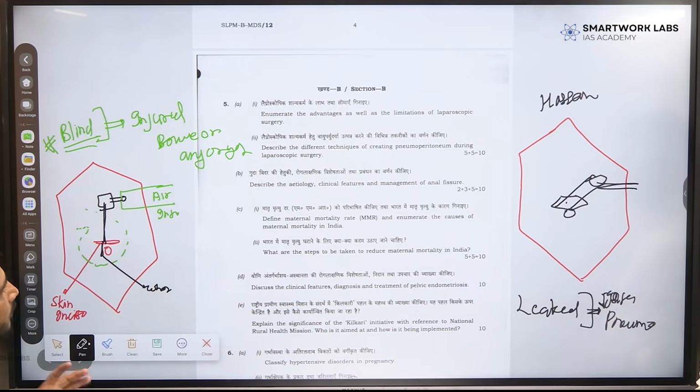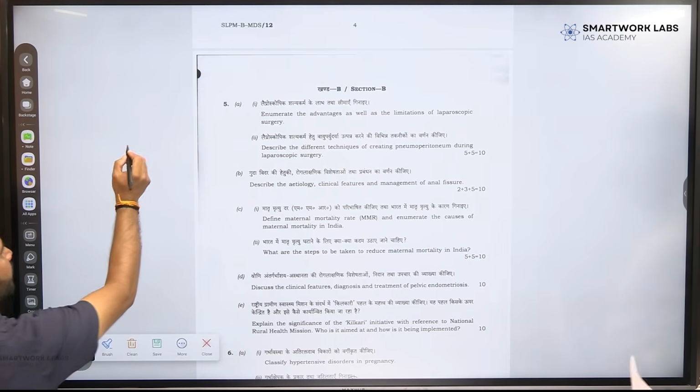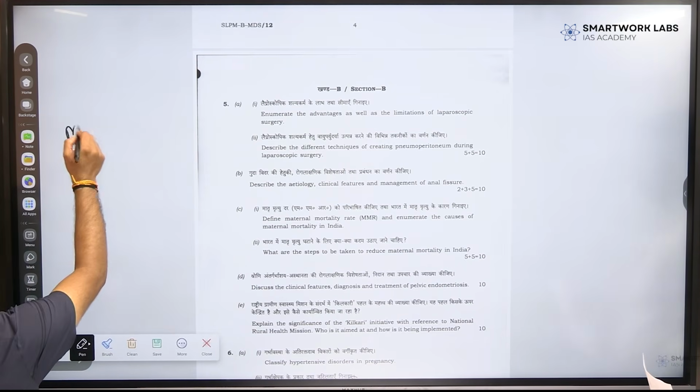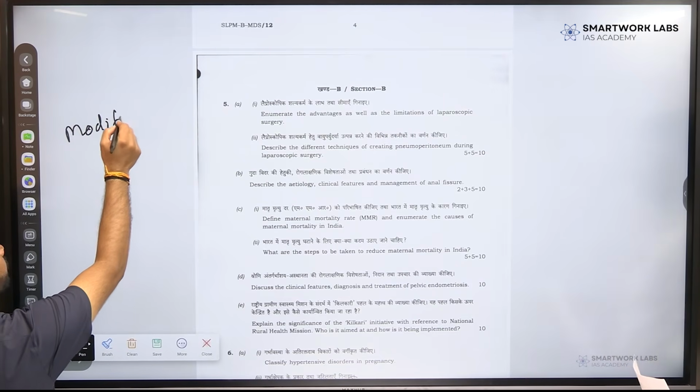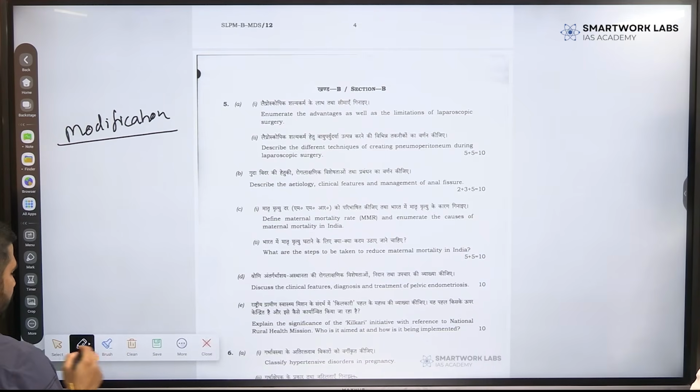Now most people will close the discussion here, but the discussion will start after it. The thing is that both the open and closed techniques have some modifications. You are doing a surgery.